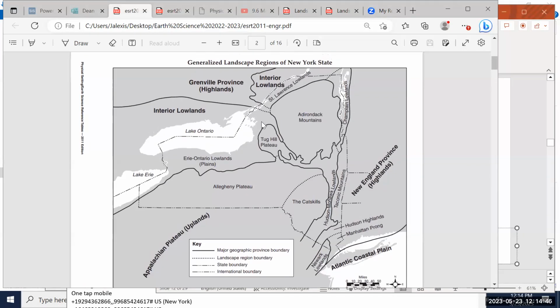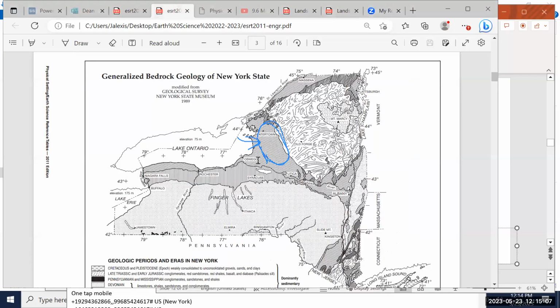One thing I notice is the Tug Hill Plateau is going to be very close to the right of Lake Ontario. So it's this region right here to the right of Lake Ontario. Going to page 3, look at the symbols to the right of Lake Ontario where the Tug Hill Plateau is.